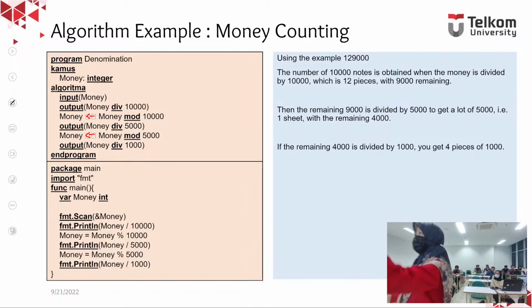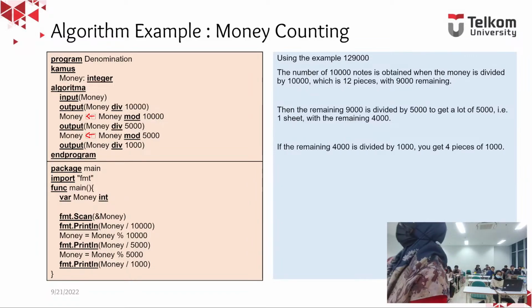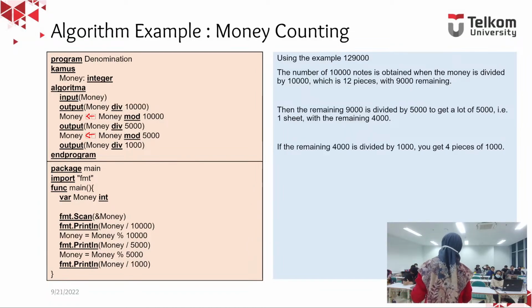Maybe because of a different version, the assignment symbol doesn't appear properly. Then how many pieces of 5,000 rupiah will be printed out? We store the remaining money using the same variable.